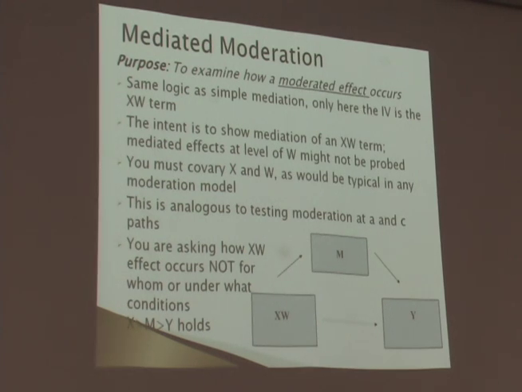But what you're asking here is how the XW effect occurs, so how the moderated effect occurs, instead of asking for whom or under what conditions the mediated effect holds. Make sense? Mathematically, they're the same. I guess I didn't get any hands for mediated moderation. It's very unpopular.